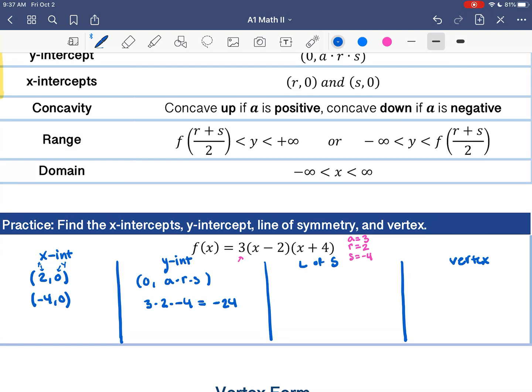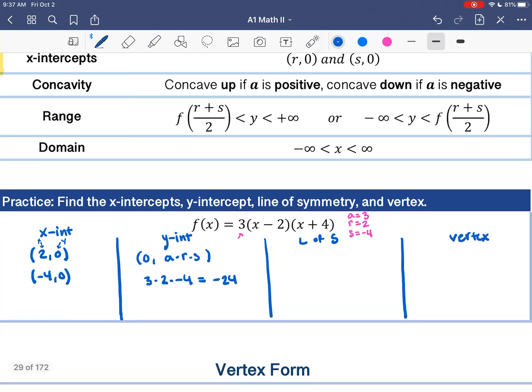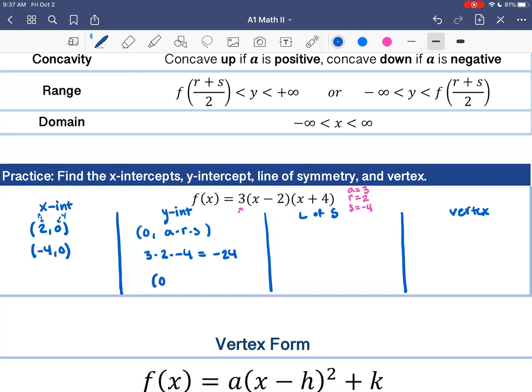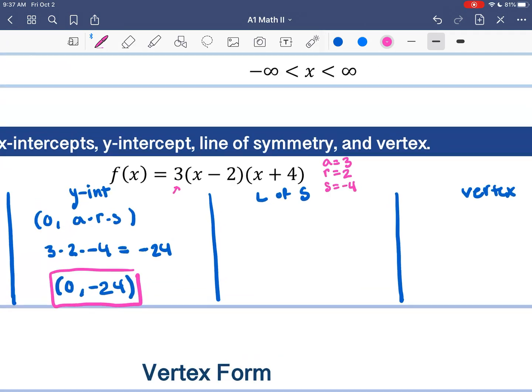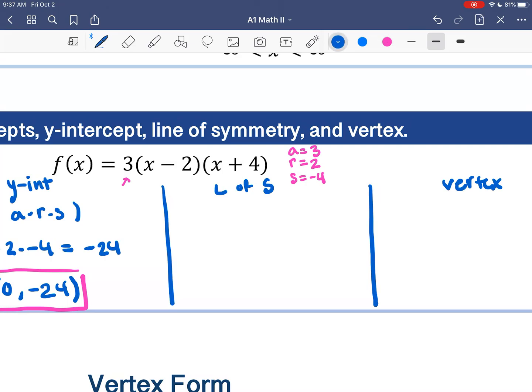Maybe double check me on that. 6 times 4. That's right, yeah? Yeah. So we have 0, -24 is the y-intercept. Maybe I should box my answers because we actually had to do work on that one. Great. That's all for the y-intercept.